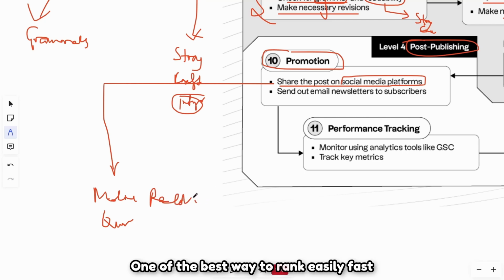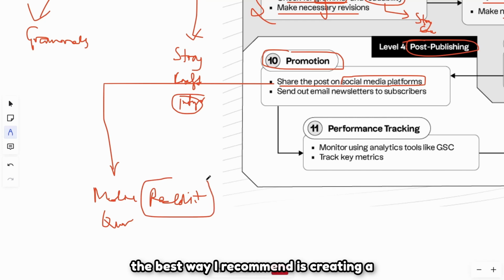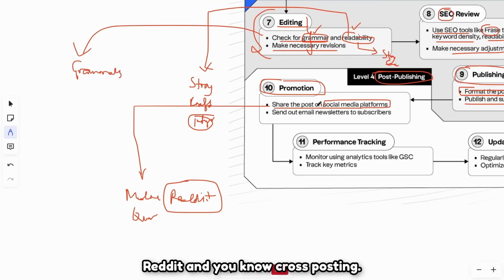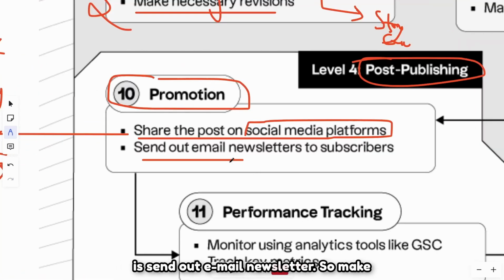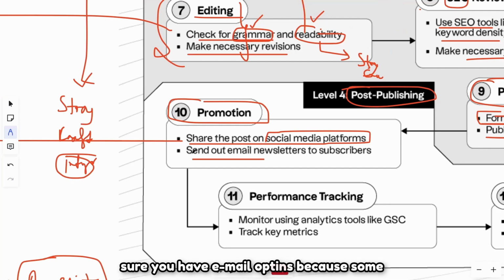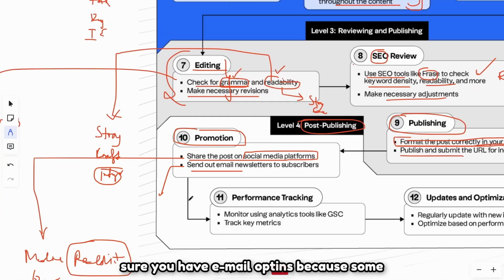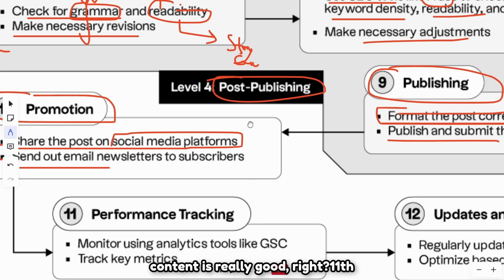One of the best ways to rank easily and fast, if you're starting out and want to improve your ranking very quickly, the best way I recommend is creating a Reddit account and cross-posting your articles on Reddit. And then the next thing you want to do is send out email newsletters. So make sure you have email opt-ins, because some people like to subscribe if your content is really good, right?